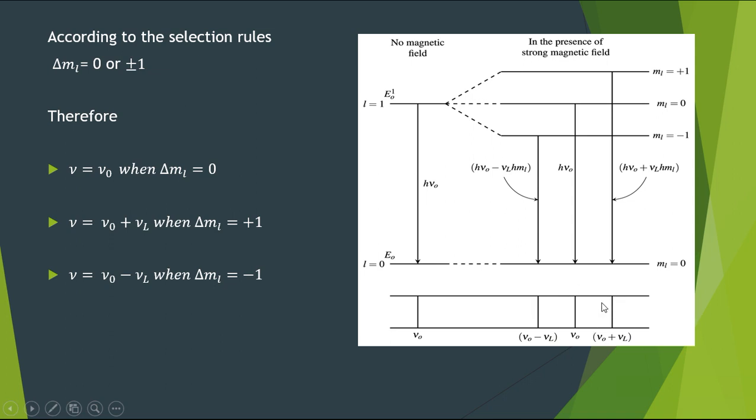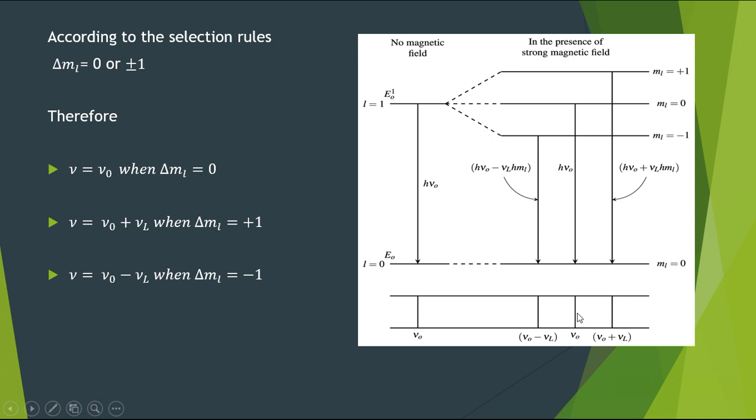So as you can see here, a single spectral line splits into 3 component lines which are symmetrically placed about the central line. These 2 lines are symmetrically placed about the central line.